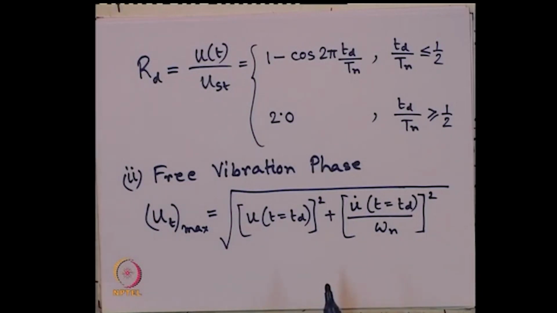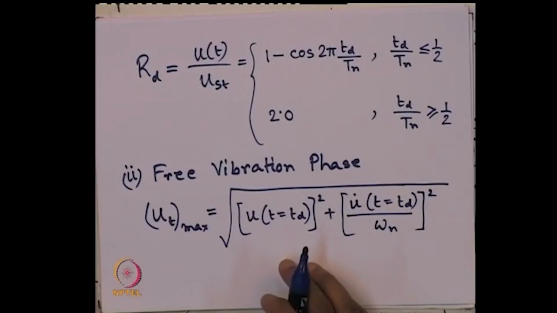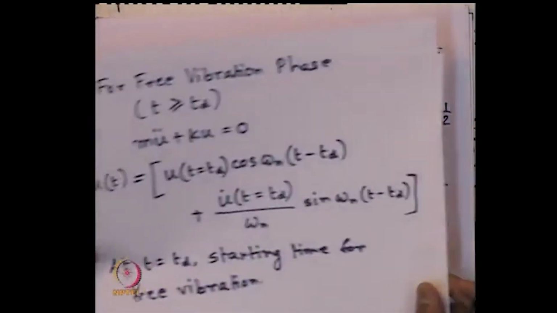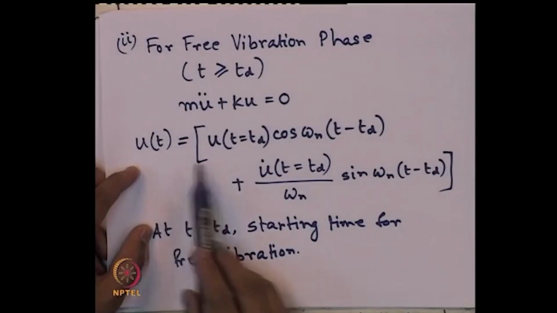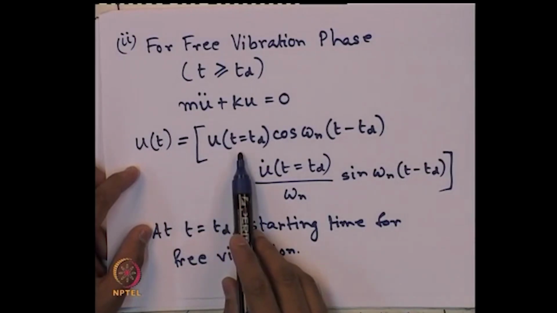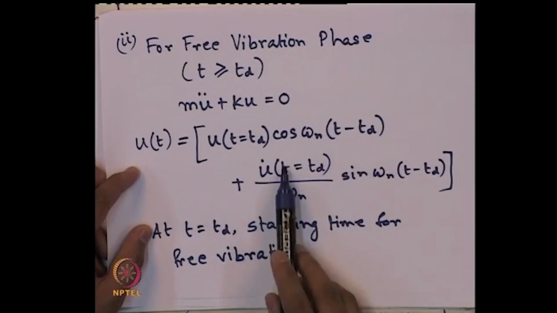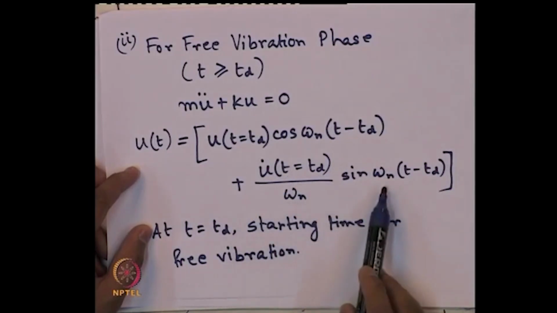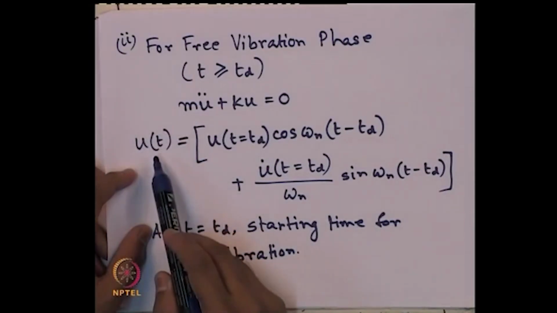Let us look at here. As I said, the solution of this will be in the form of, for the free vibration phase, u(t) is expressed as initial displacement times cosine of omega n t plus initial velocity by omega n times sine of this. So, what can be the maximum value of this u(t)?